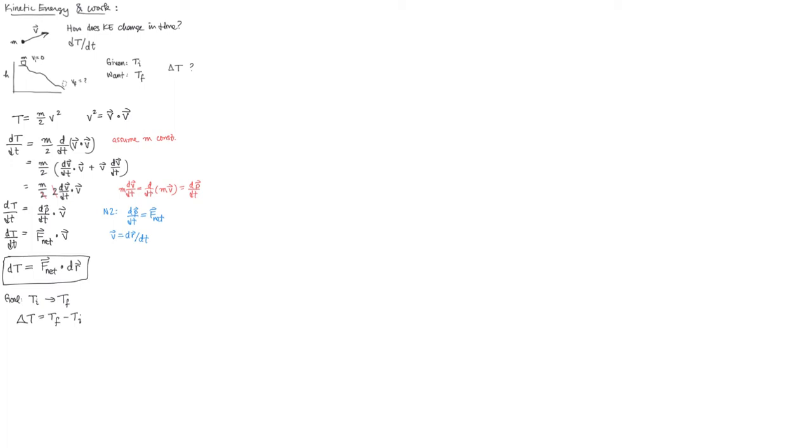Okay, and in the limit of very small time steps, we know what the incremental change in kinetic energy is, and so if we want the change in kinetic energy over a macroscopic time, this capital delta T, then we're going to want to integrate our expression for the change in kinetic energy. So our next step is to integrate this expression. And when we do that, we have the following.